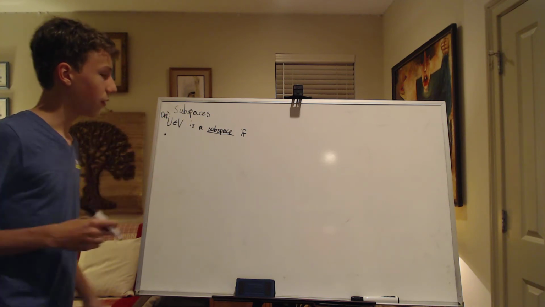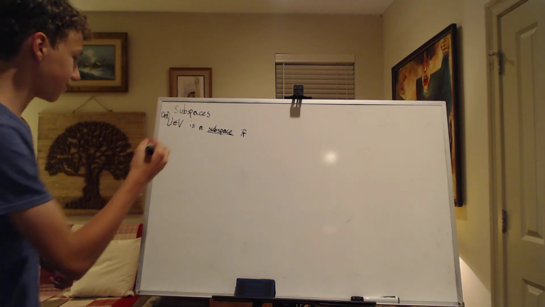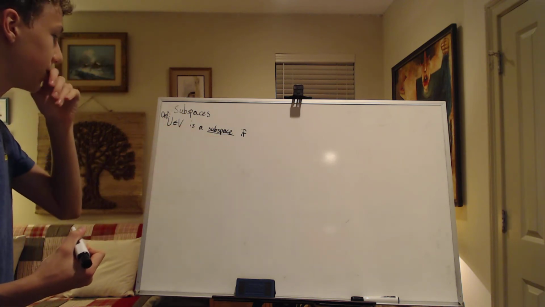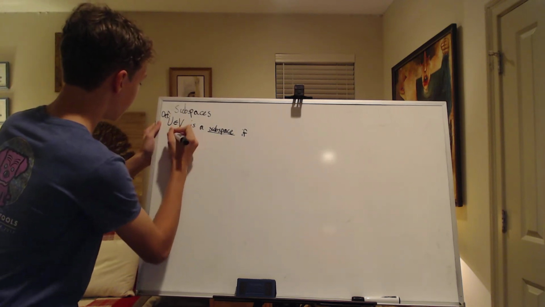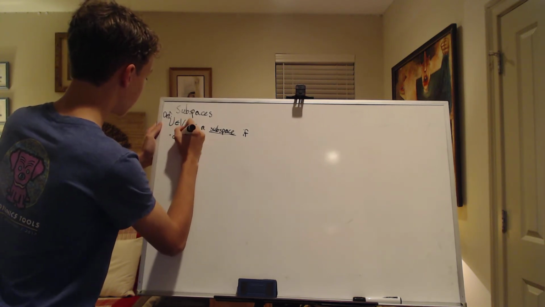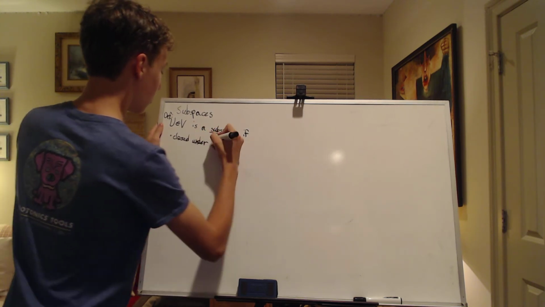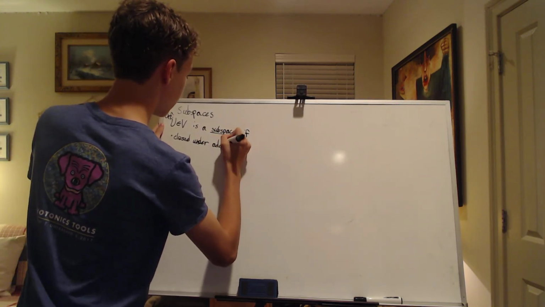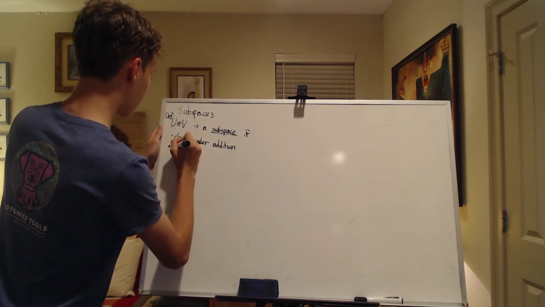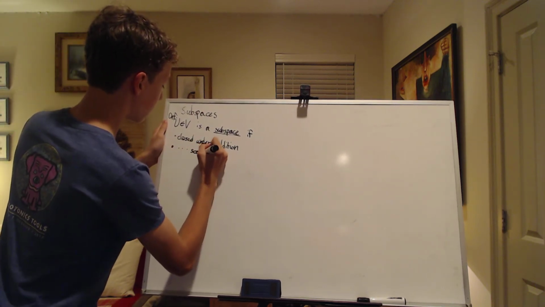Essentially there are three conditions that are sufficient. In fact, they give exactly the definition of subspace, and these are the three conditions. You probably recall these. Well, closed under addition. Closed under scalar multiplication.